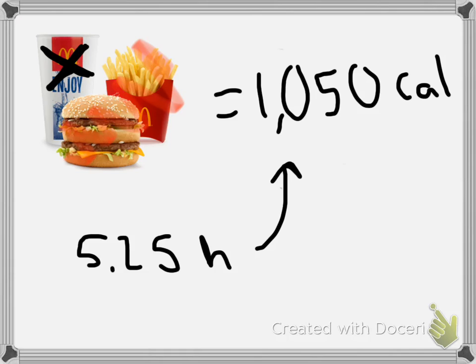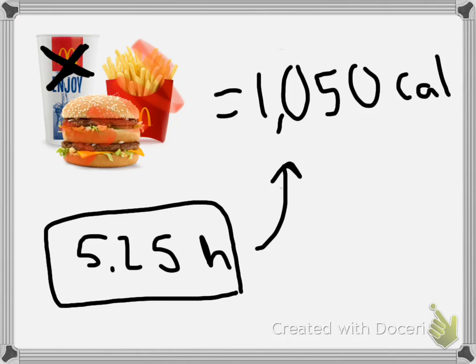So next time you go to McDonald's and you get a Big Mac meal with a Diet Coke, just understand what you're doing to your body, because you are saying that this meal that I am going to eat now is going to take 5.25 hours of walking in order to burn off, which is a pretty incredible thing. So this is an example of an energy transfer.